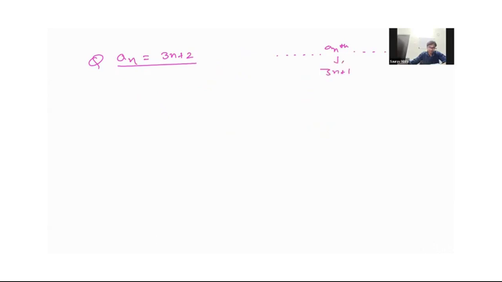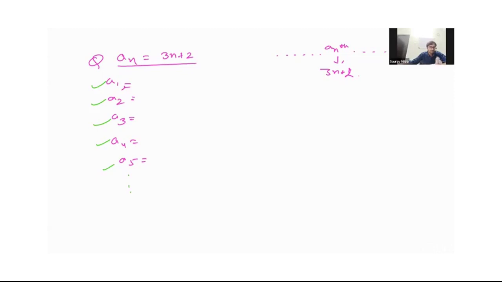Now you have to find the first values a1, a2, a3, a4 and a5. You just have to find the values of all these, a1, a2, a3, a4, a5 and so on.